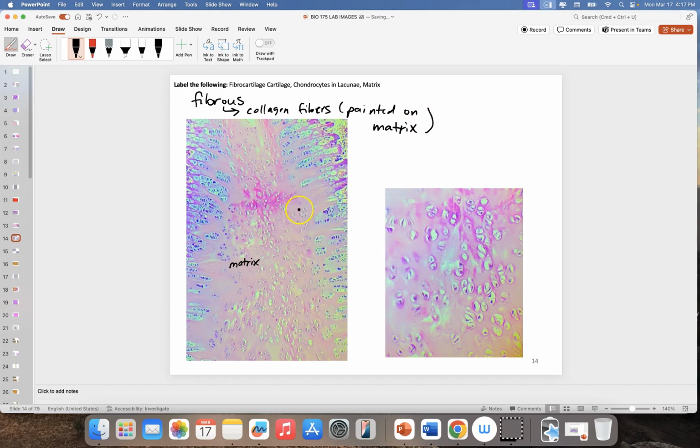And then the chondrocytes in lacunae, it looks different here. In hyaline cartilage, they're evenly distributed. In fibrocartilage, the chondrocytes in lacunae are going to be smaller. They're the smallest of all the chondrocytes.